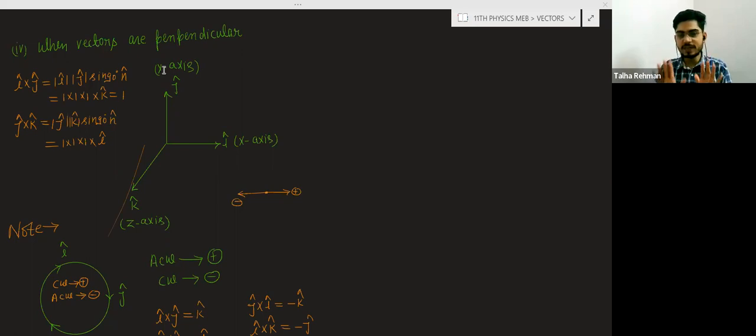And for the z-axis, see your screen. If something is coming out of your screen, take that as positive. And if something is going into your screen, meaning inward, take that as negative. Okay, sir.